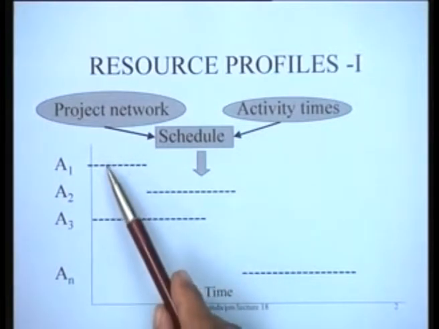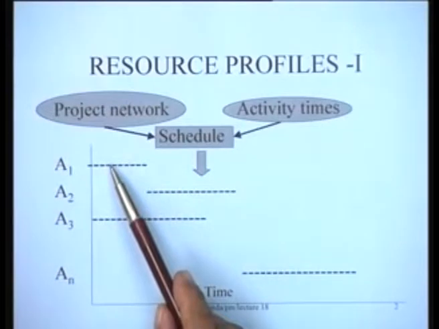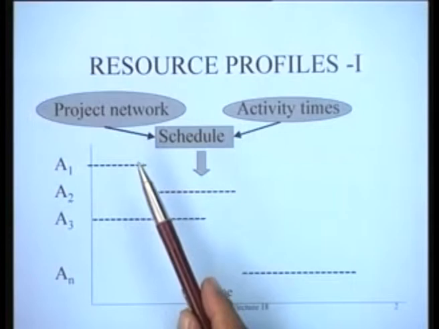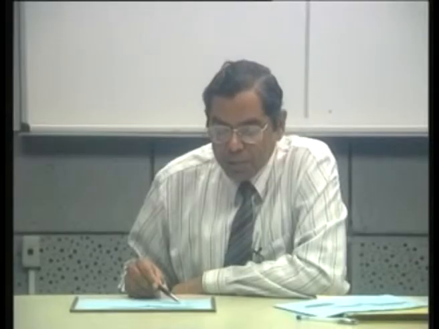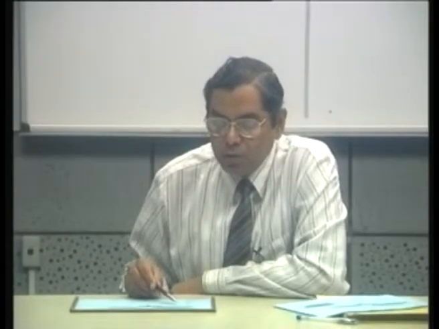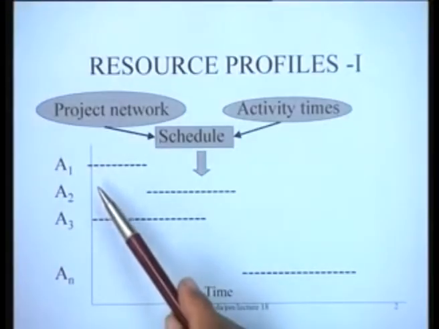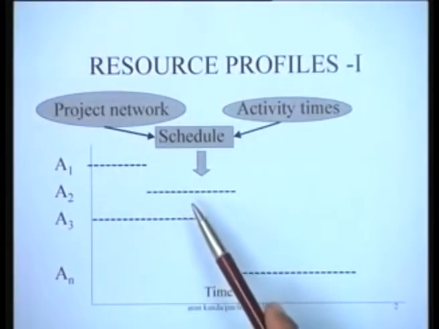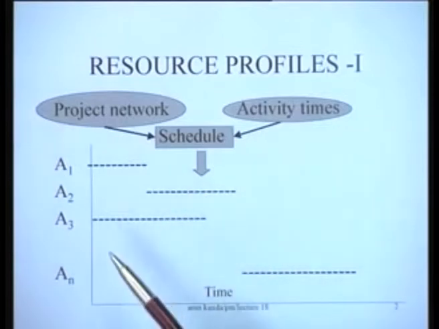Typically these activities might require, for instance, manpower. They might require some special type of machines. They might require some special equipment. So if we want to now find out the manner in which we are going to be using that equipment, we will have to refer to this basic schedule.